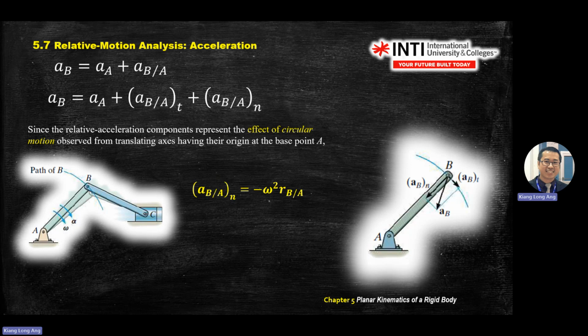Because the normal and the radial are in different directions. So for BA, acceleration in the normal direction is negative because your positive radius is going out. The positive direction of your radial R is positive, so when you combine the normal direction, you get negative. So just be careful on this side.